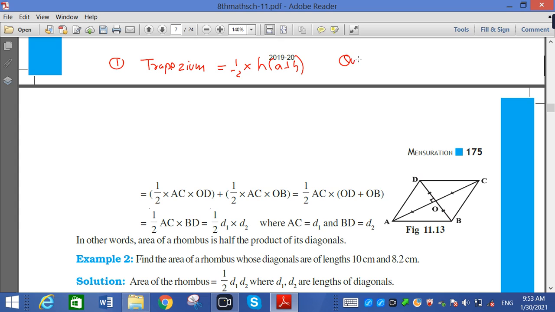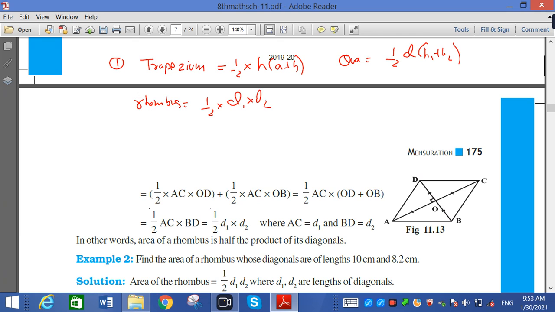Then quadrilateral, that is 1 by 2 d (h1 plus h2), and rhombus, that is 1 by 2 into d1 multiplied by d2.